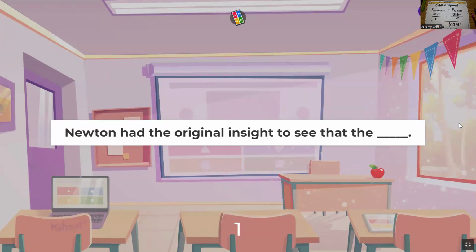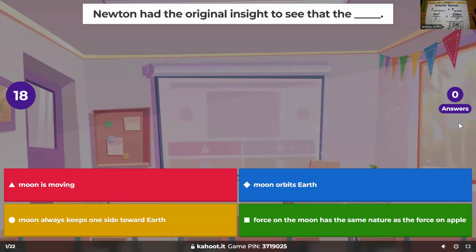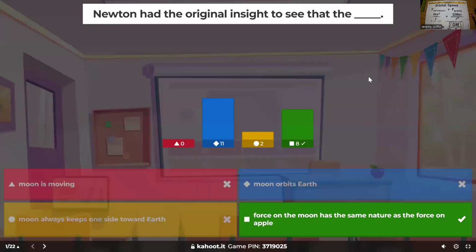Newton had the original insight. What did Newton see that nobody before Newton understood? Newton was the first guy to understand that the force on the moon is the same nature as the force on an apple.